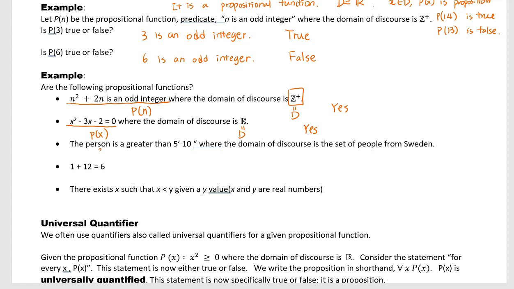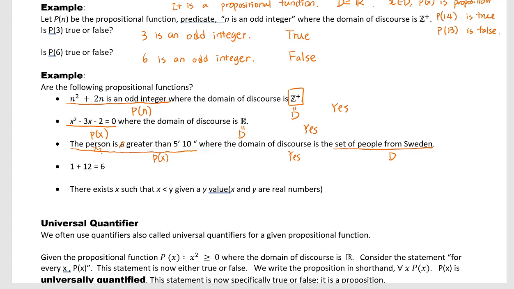So the person is greater than 5 feet 10 inches. Okay, let's call the person X again. So this is P of X. And yes, this is a propositional function, and the domain is the set of people from Sweden. So this is the D.